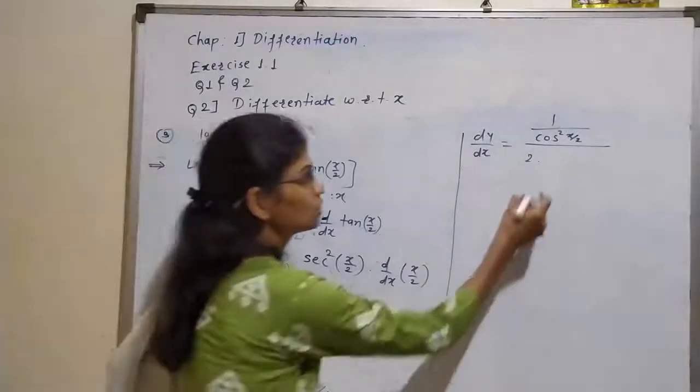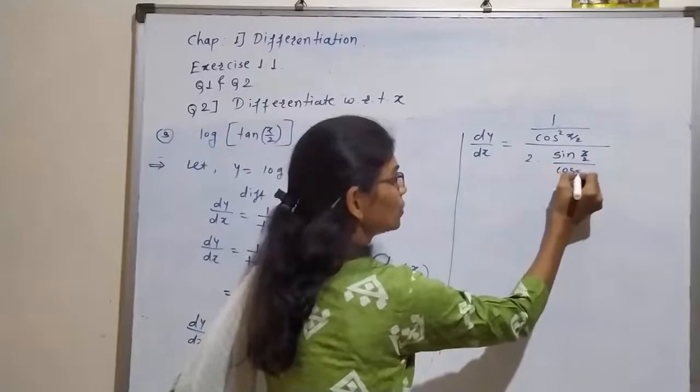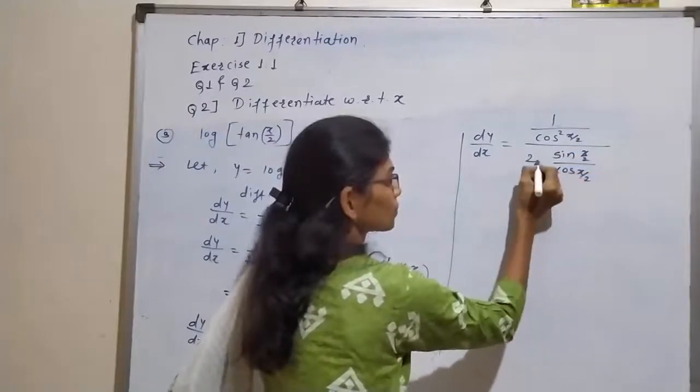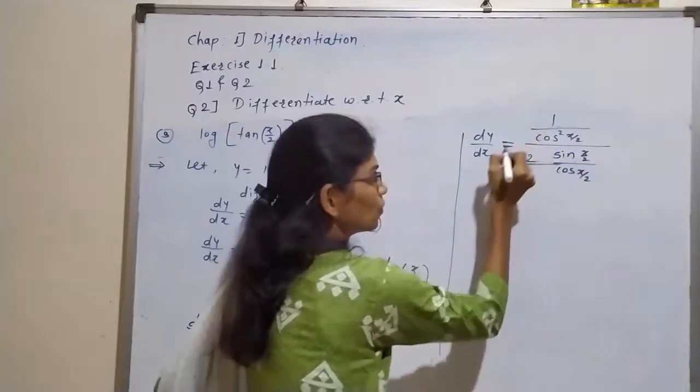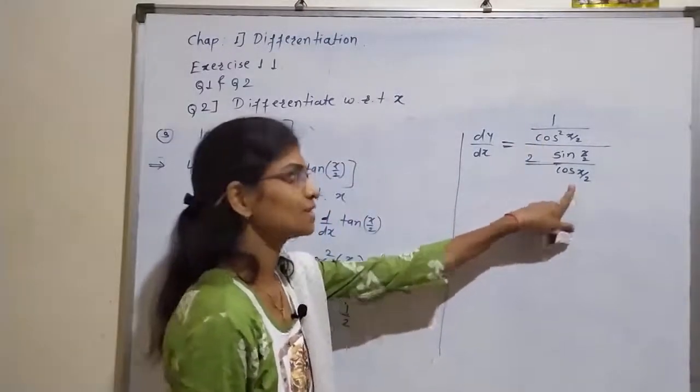Tan x by 2 can be written as sin of x by 2 divided by cos of x by 2. From the denominator, one of the cos x by 2 gets cancelled.